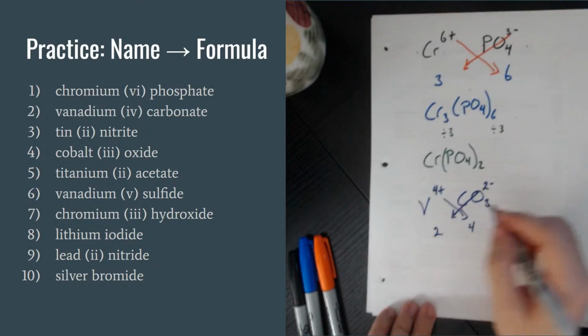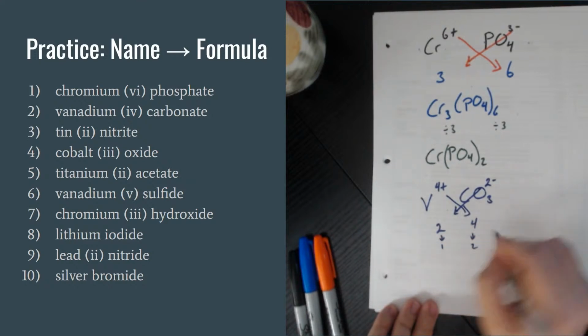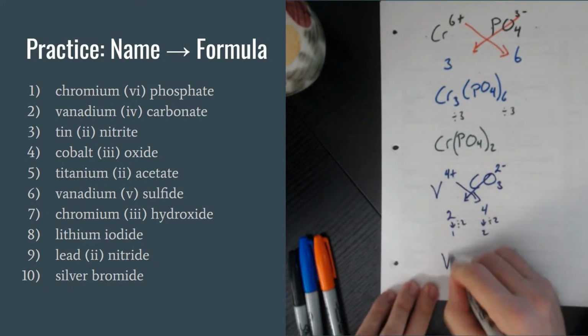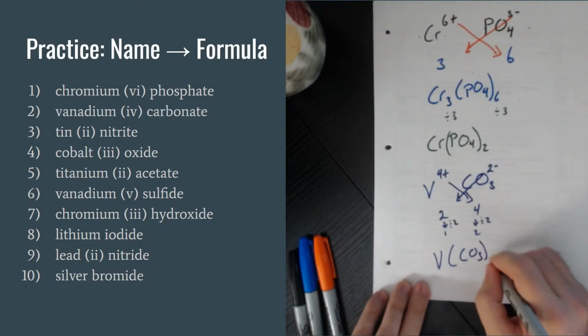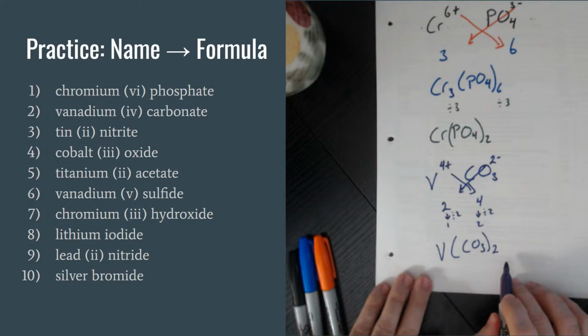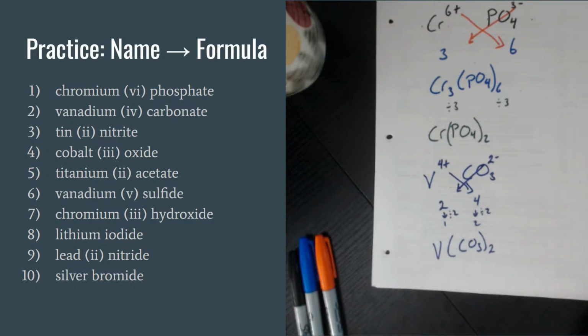Those are both divisible by 2. So 2 becomes 1, 4 becomes 2. You just divide both of them by 2. Thus, vanadium(IV) carbonate is V(CO3)2. Now remember, you only need these parentheses if you have more than one of the polyatomic ion.